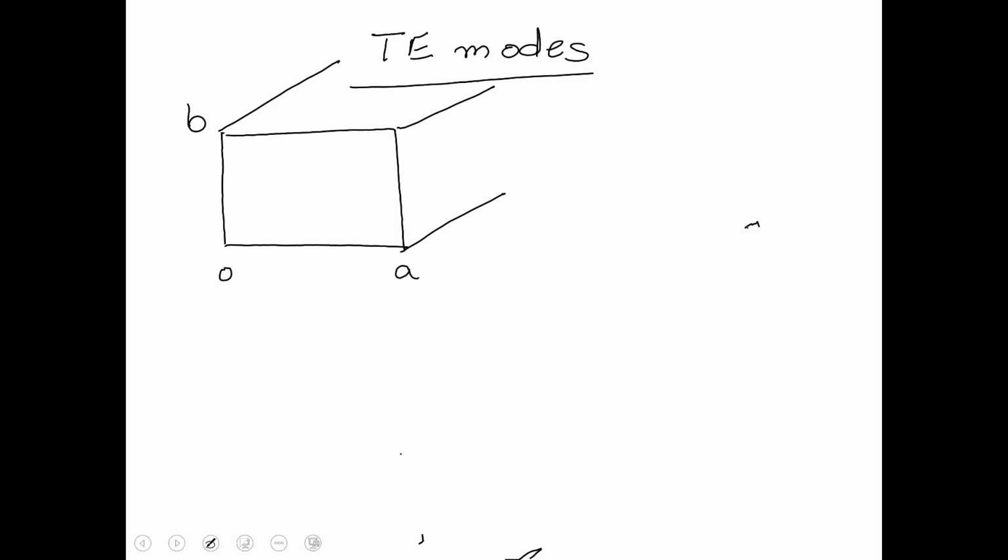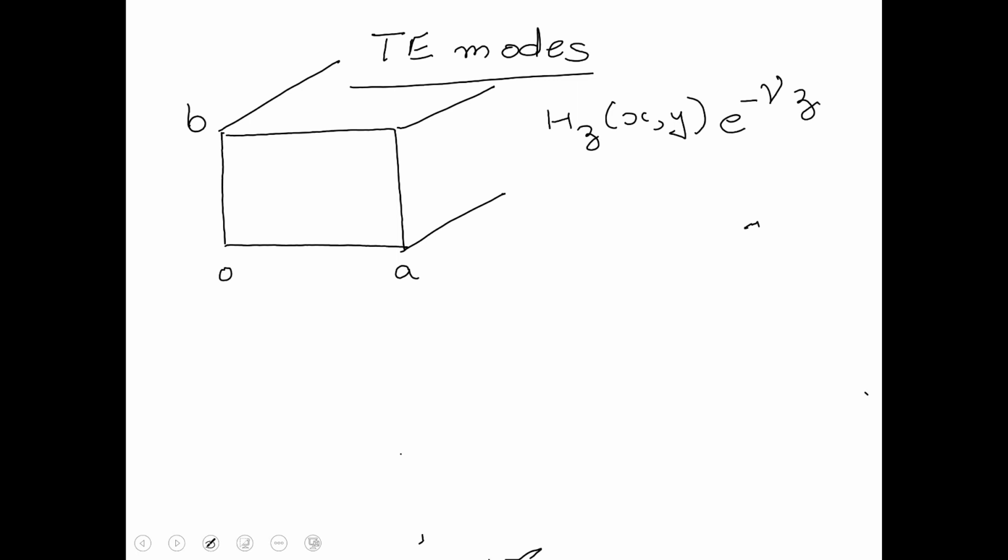But because it's a TE mode, Hz is going to have some function of x, y, e to the minus gamma z. We are still looking for the solution which is propagating in the z direction.